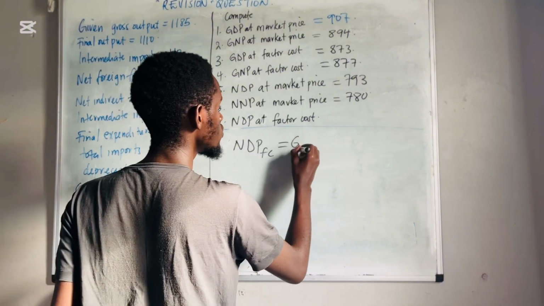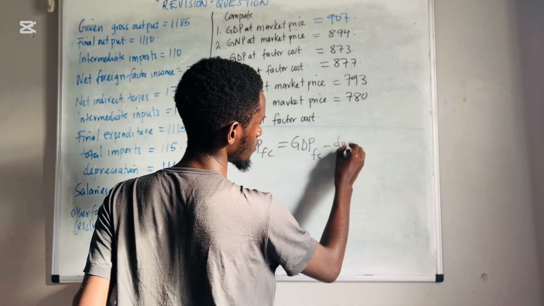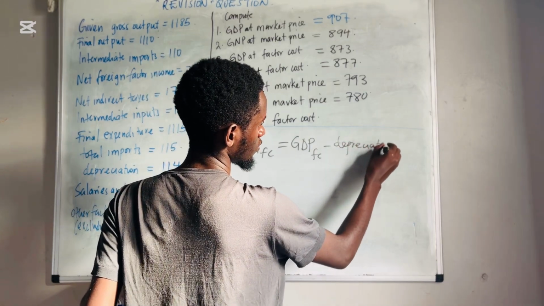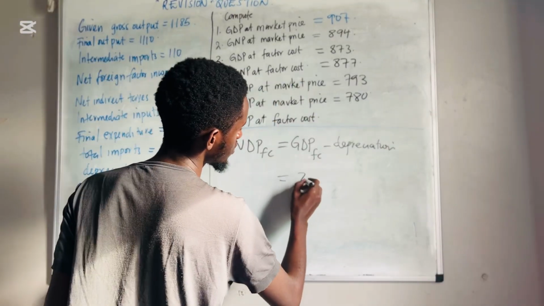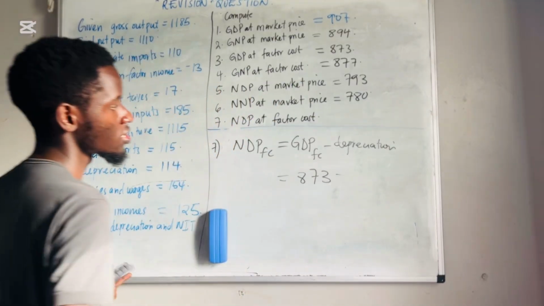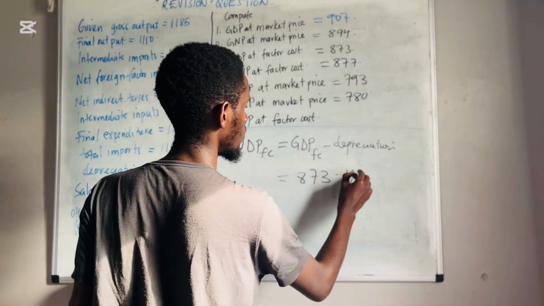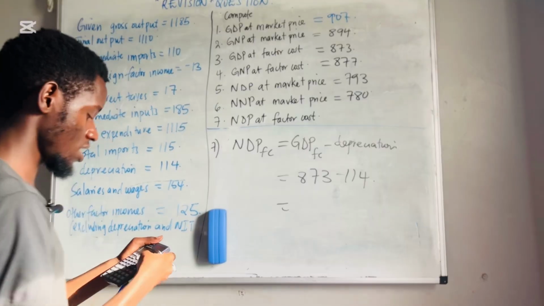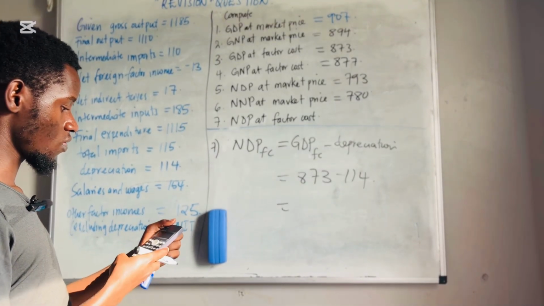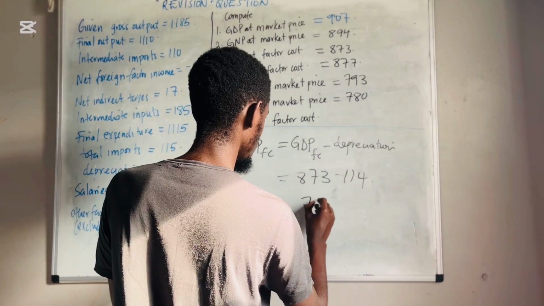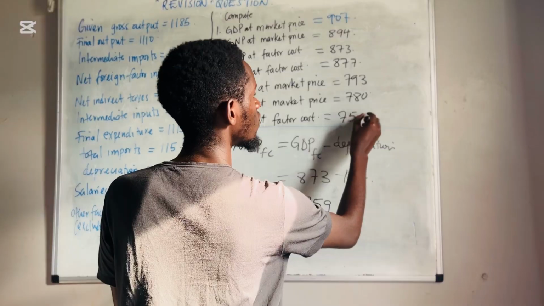Remember, GDP at factor cost we already have from the first question, which is 873, minus depreciation, which is 114. Then our final answer is 873 minus 114, which is 759, and that is our final answer for that part.